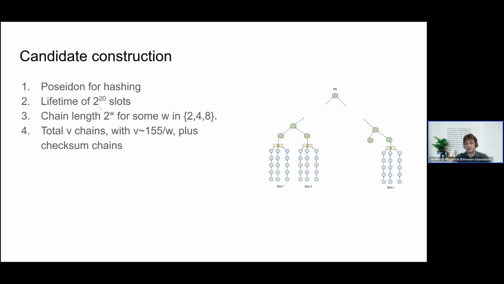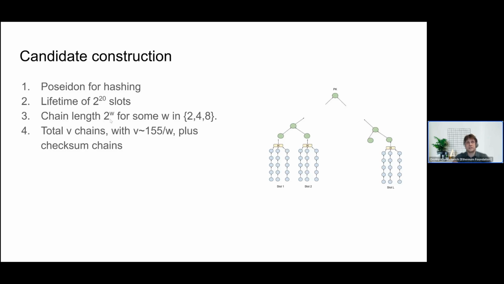It means that after these 2 to the 20 slots are spent for every validator, they have to regenerate their public key. Of course, the actual parameters, how frequently they have to regenerate the public key, depend on the final beam chain configuration. But what's important is that we support different lifetimes.